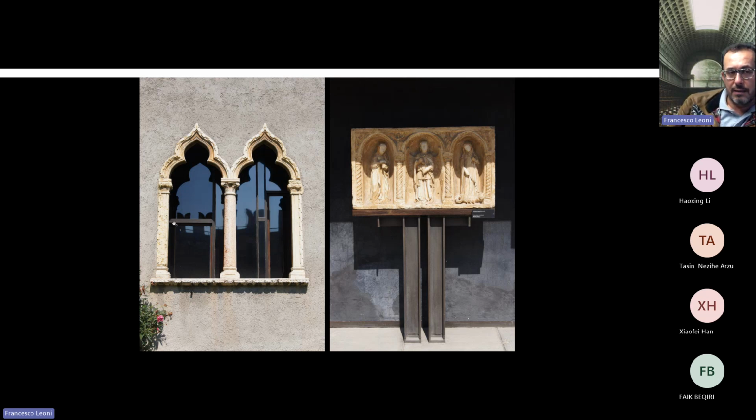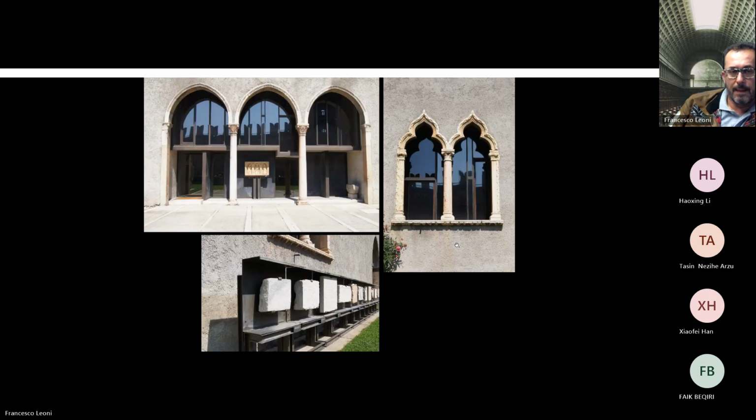To emphasize his distance from this restoration, the windows that Carlo Scarpa designed just behind them are working in contrast with the windows of the first restoration. And all the elements work this way.